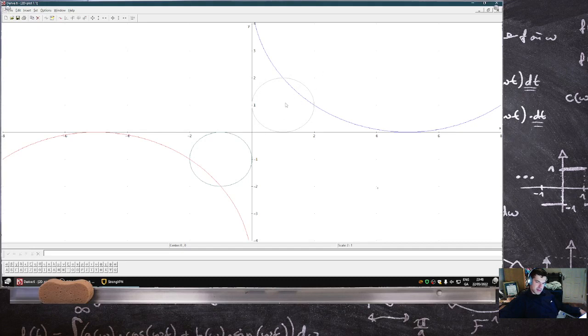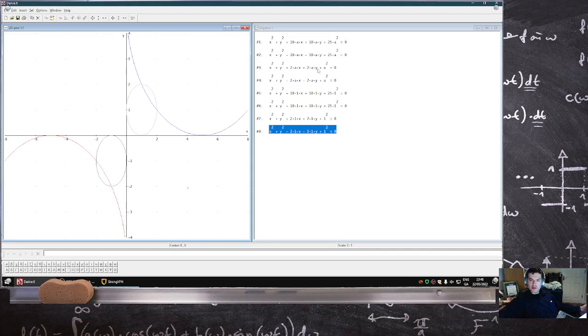So it'd be these 2 circles if the A is positive, but not these 2 circles if the A is positive. That's interesting. Let's have a look here.